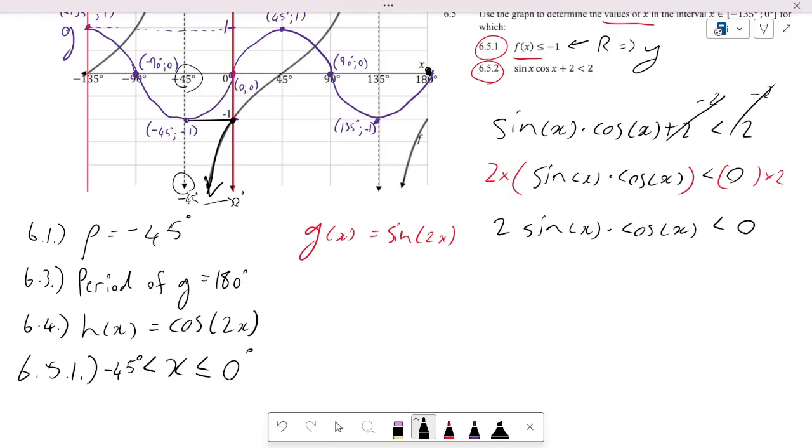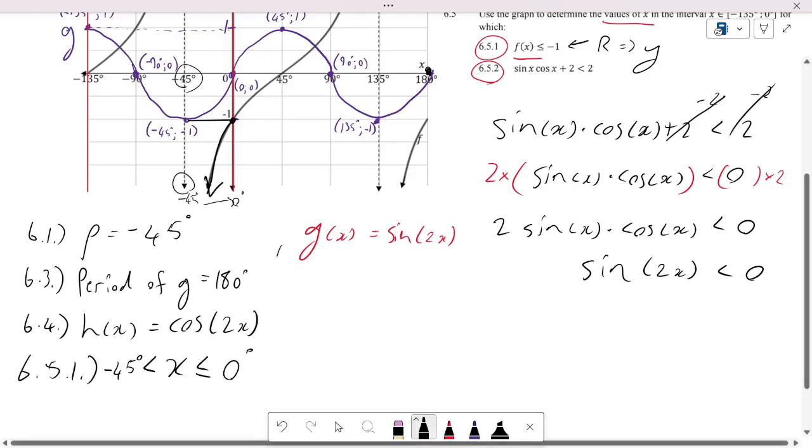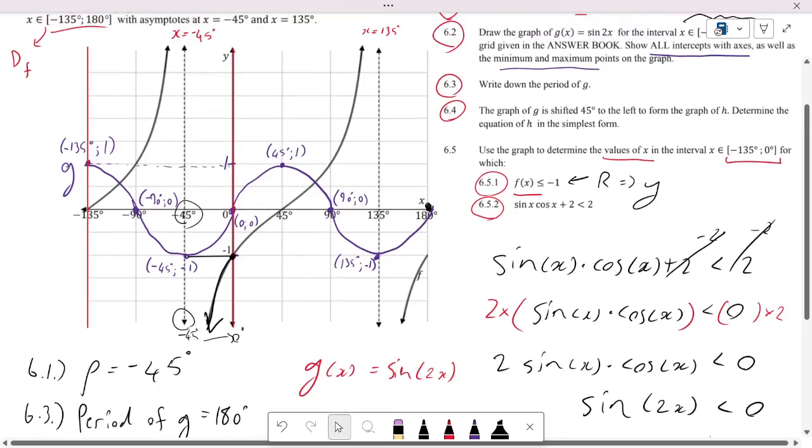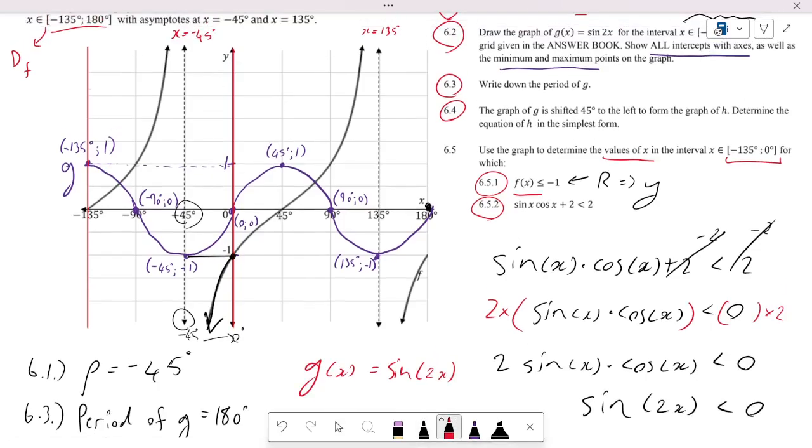So here now we have our double angle, and now we can write this as sine of 2x is less than 0, and we have exactly what we have here. Now we are trying to determine for which values of x is g of x less than 0. Remember, we have our closed interval here, from negative 135 until 0 degrees.